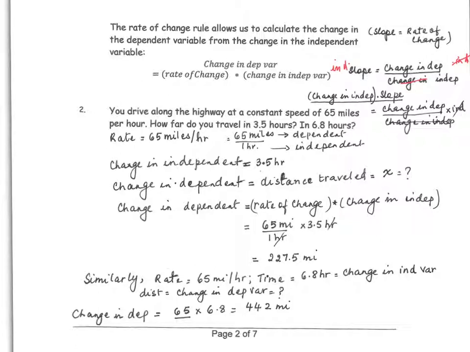So basically the change in the dependent variable, since these two got cancelled, is by itself now, and is equal to the independent variable times the slope.